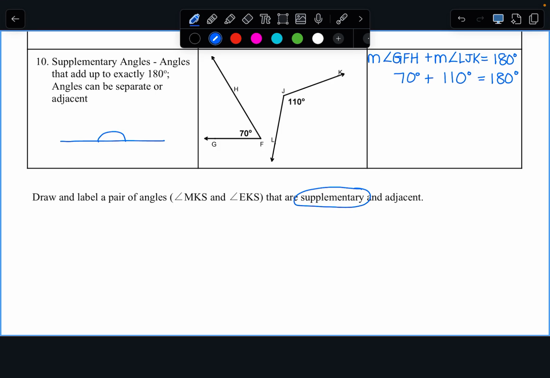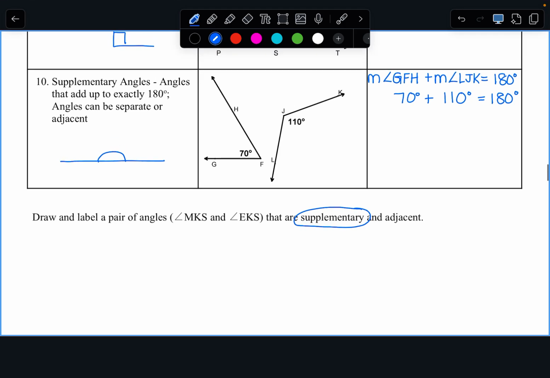They add up to? 180 degrees. So that means we're going to have a straight line between the two angles.